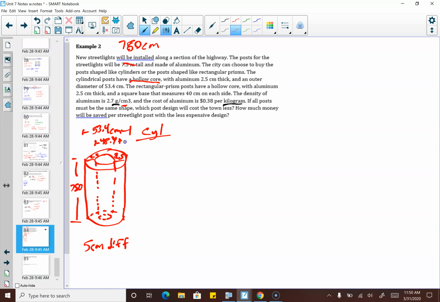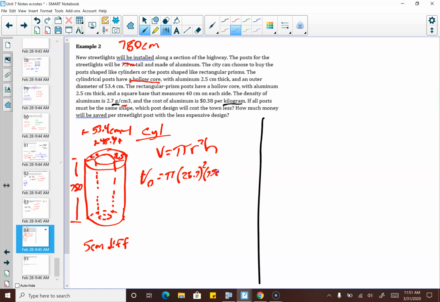So if we want to figure out how much aluminum is going to be used, we need to do the volume of the big cylinder minus the volume of the small cylinder, okay? So for any cylinder, we know our volume is pi r squared h. So if we do the volume of the big one, we get pi. Now if we take 53.4 and cut that in half, we get 26.7 squared times the height is 750.